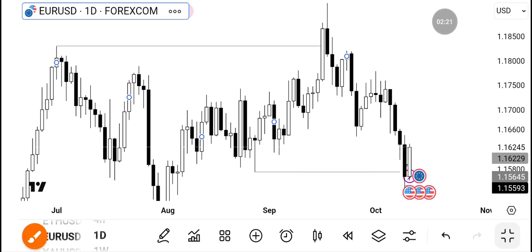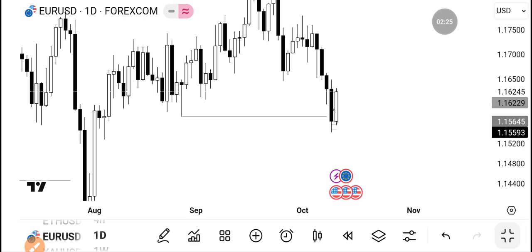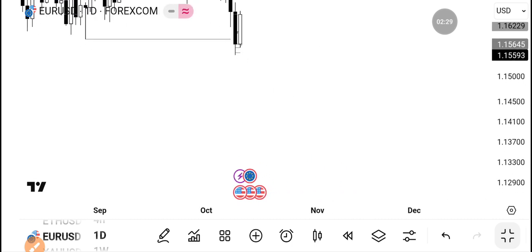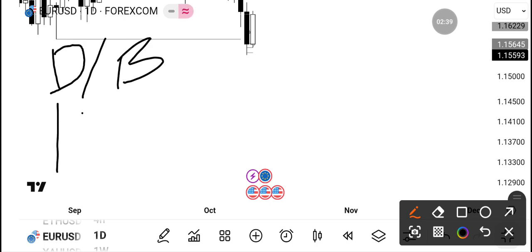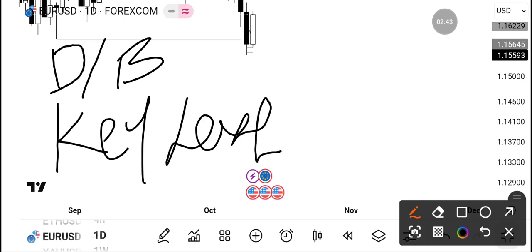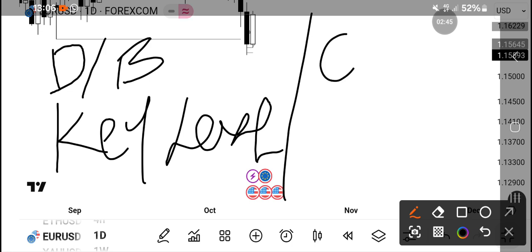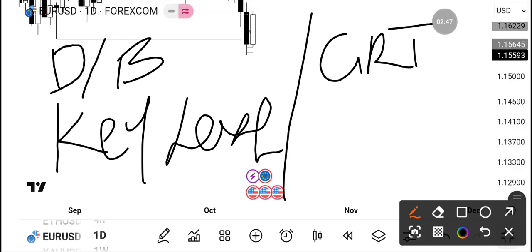So the most important thing you need to master and know in every trade you're taking is what? Directional bias. The directional bias, DB, key level, CRT, and what?